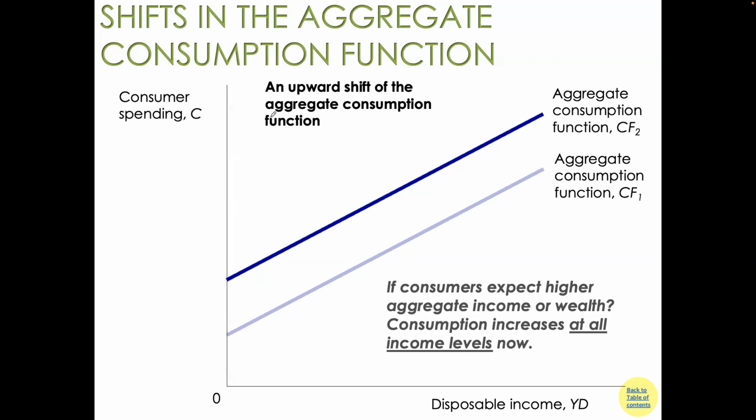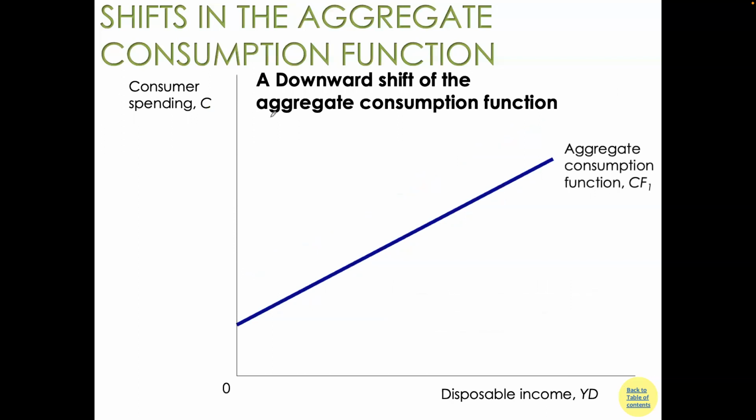A boom, right? Why? Because there's less incentive for you to save, since you know you are going to have more and more income. On the other hand, when you are expecting the economy is entering a recession, or alternatively, if the housing market collapses, because remember in the US so many of us rely on the housing market to accumulate our wealth, or if there's a stock market collapse, what would you expect your consumption to do?